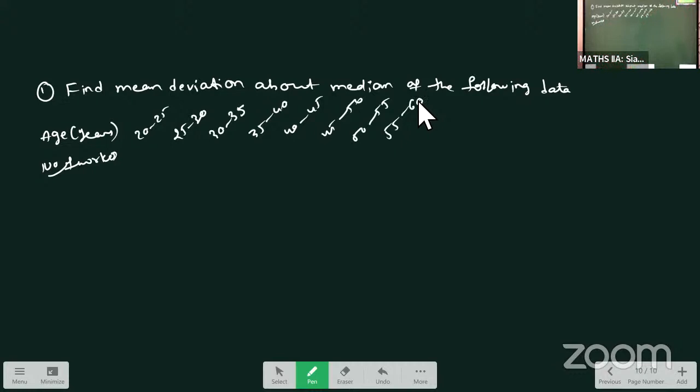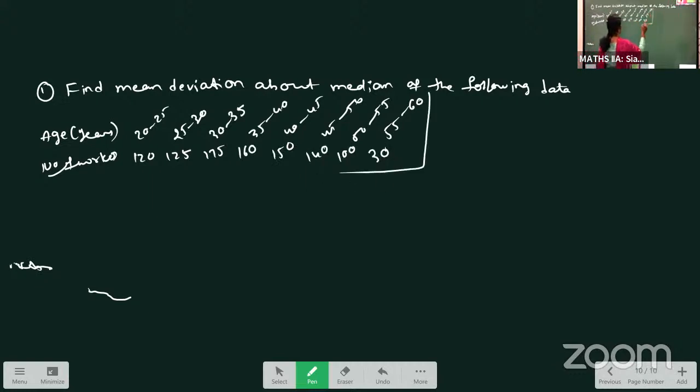Next, number of workers are given: 120, 125, 175, 160, 150, 140, 100, 30.